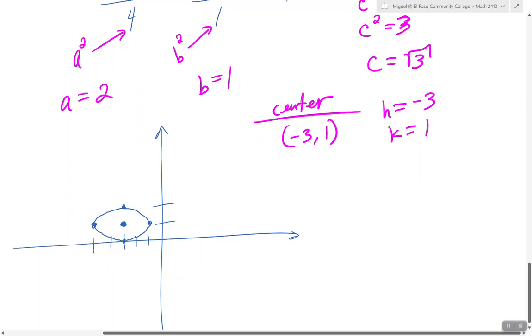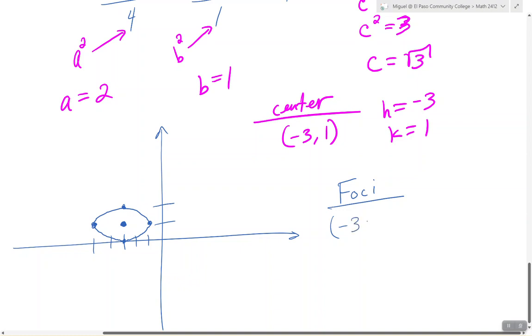And then we still need the foci, right? So the foci is c. We take c and we add it to the center to go one direction, and then we subtract it to go the other direction. So technically, the foci will be the center, negative... The foci is always on the major axis, right? So it's horizontal.